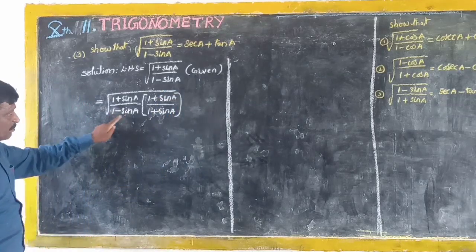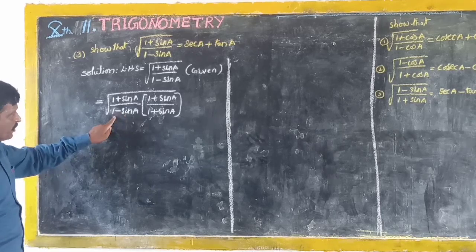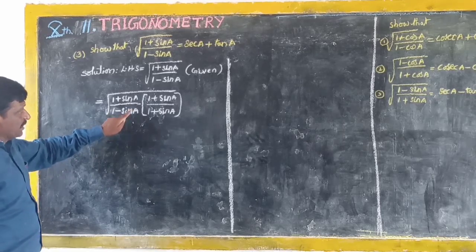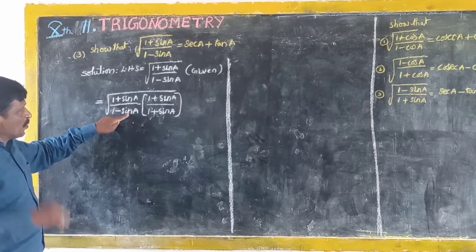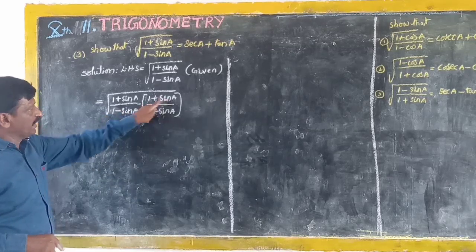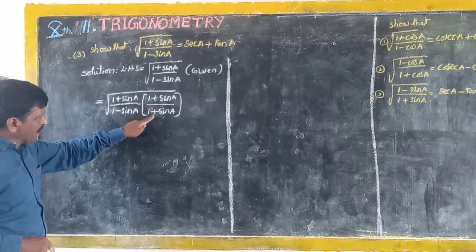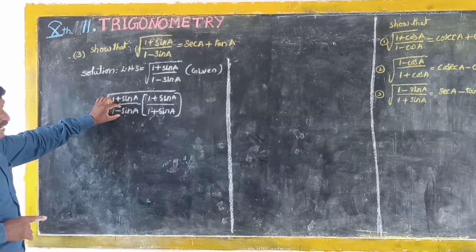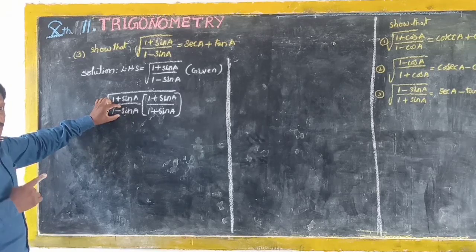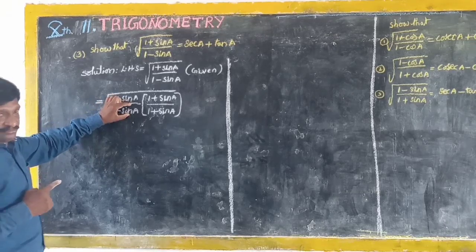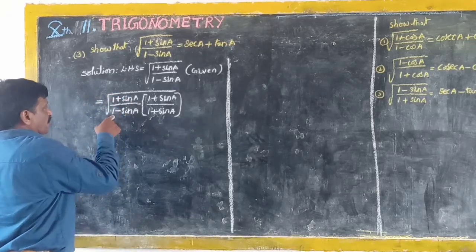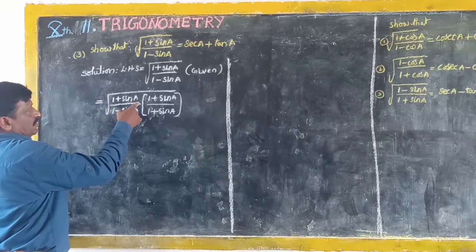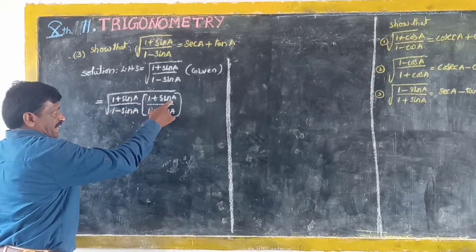For the denominator 1 minus sin a, the rule of a minus b is to multiply by the opposite sign, a plus b, in numerator and denominator. It's a rationalizing step. So numerator and denominator multiply with 1 plus sin a.